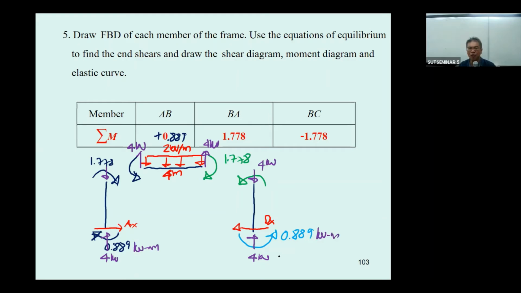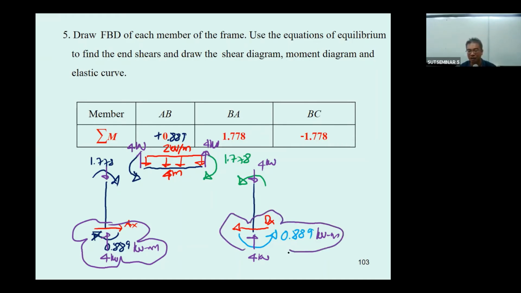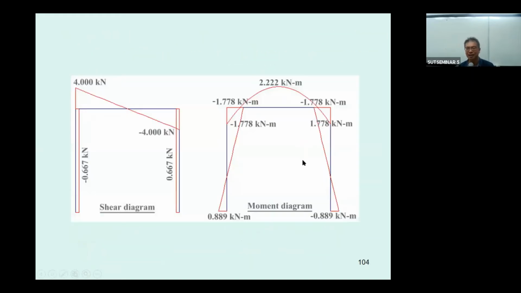So what we have is you can determine what? You can determine the reaction of the frame at support A, and also the reaction at the support D. And this is another thing I supposed to tell you, to determine the reaction of the frame. And later you can draw the shear diagram and moment diagram.